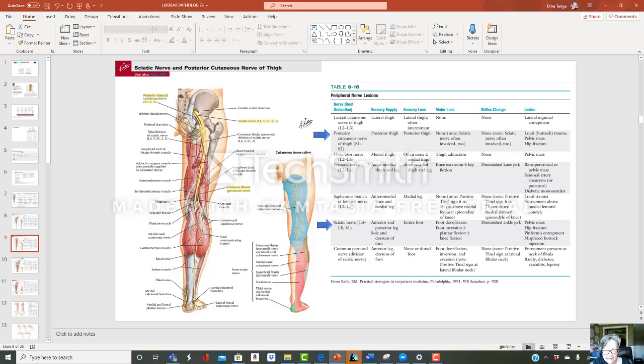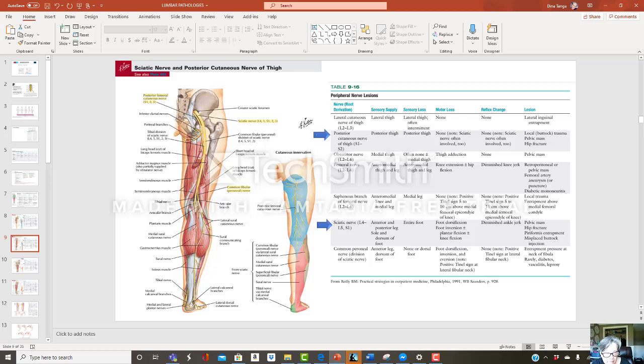Then moving down to the sciatic nerve, we've got L4, L5, S1. And then the Netter says L4, L5, S1, 2, and 3. Sciatic nerve. Sensory supply is anterior and posterior leg. So let's look at the pink primarily, the medial sural cutaneous nerve, the sural nerve.